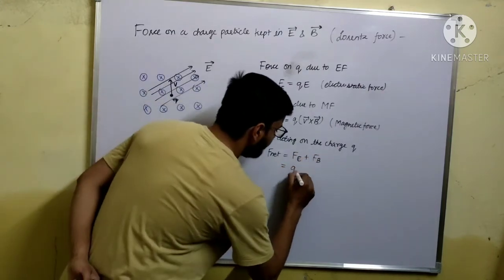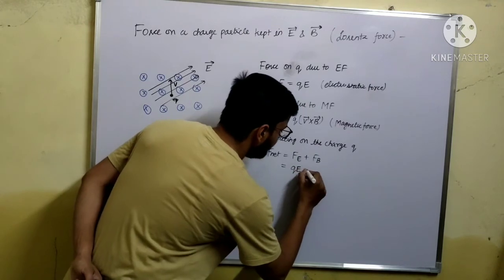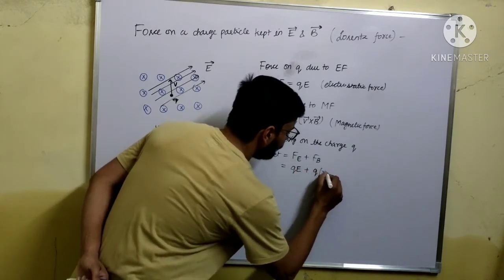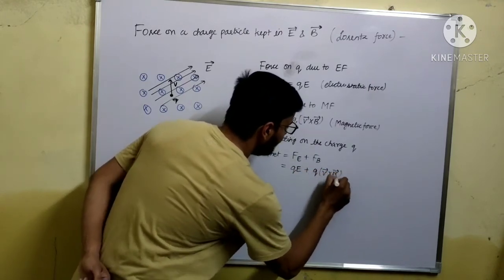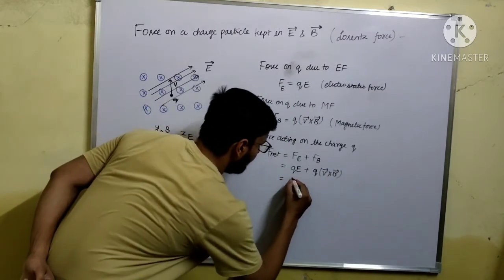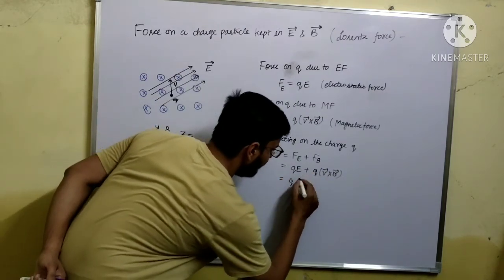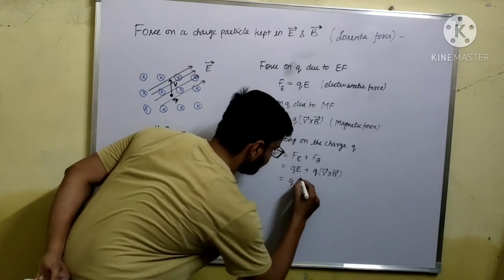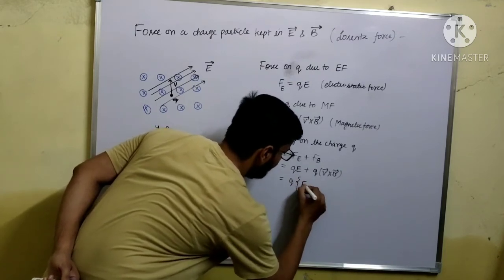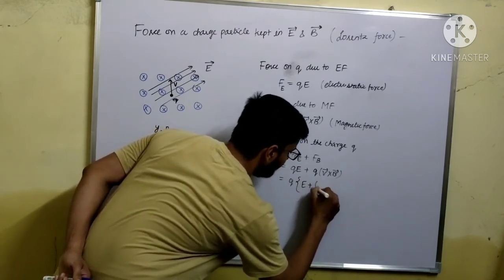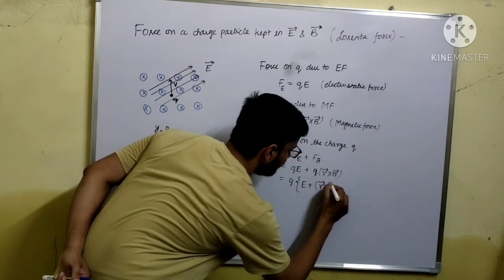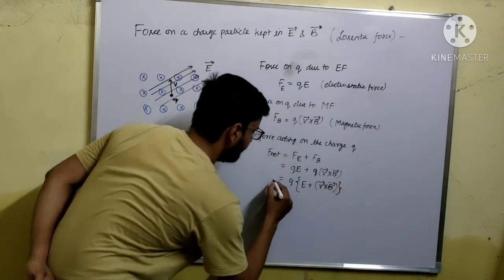So from here you get QE plus QV cross B. So if you take Q common, then this will be E plus V cross B. Okay.